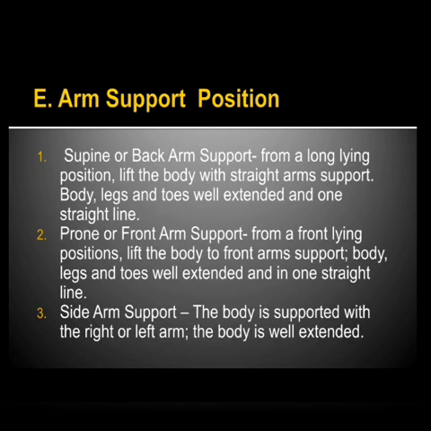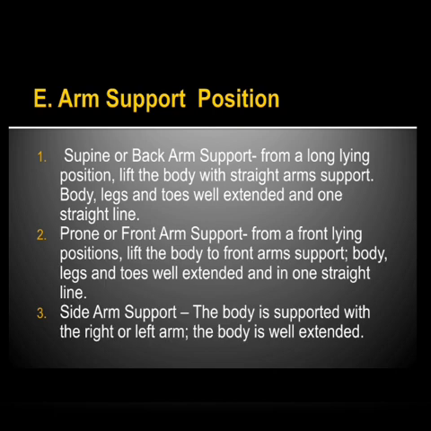The arm supported position. We have supine or back arm support. From a long lying position, lift the body with straight arms supported, body, legs, and toes well extended, in one straight line. Number 2, prone or front arm support.